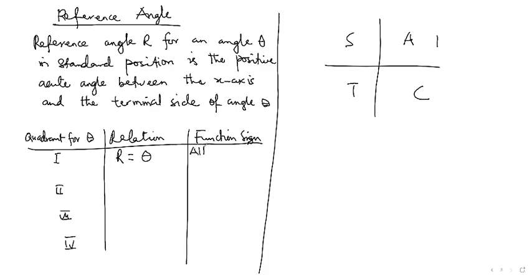And right here, all the trig ratios and their inverses are positive. In this quadrant, all are positive. In this quadrant, sine is positive, its inverse also positive. Then the remaining are negative.